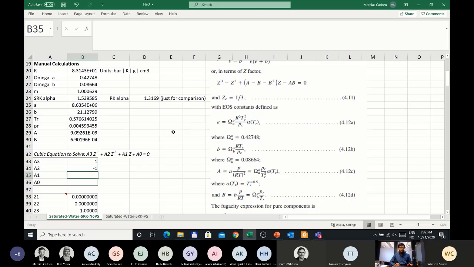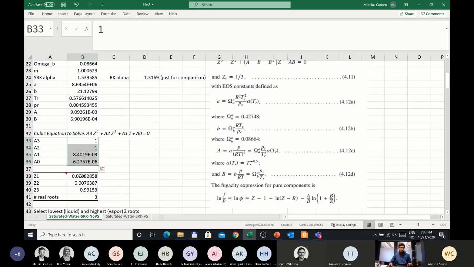The next coefficient is A minus B minus B squared. And the last one is A times B. So with these coefficients, that's the cubic equation of state, and we get these roots.